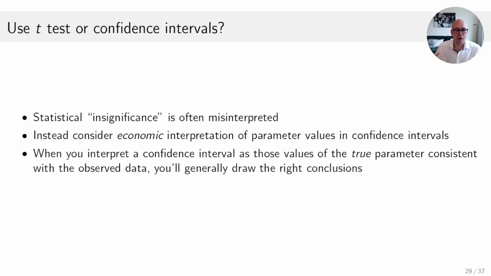When you go more towards an economic interpretation of parameter values, then confidence intervals are actually quite useful. And when interpreting a confidence interval as those values of the true parameter that are consistent with the observed data, then you'll generally draw the right conclusions.